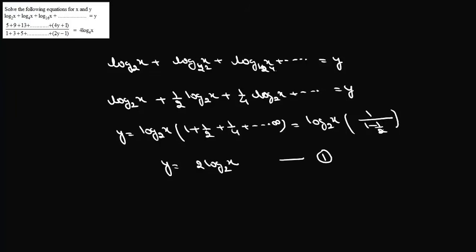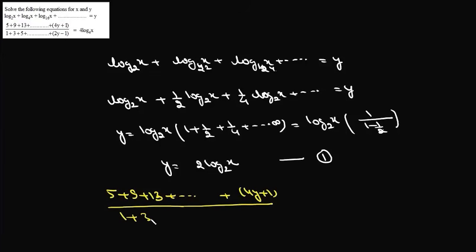Now we are given that 5 plus 9 plus 13 up to 4y plus 1, and this is 1 plus 3 plus 5 up to 2y minus 1, and this is equal to 4 log x base 4.